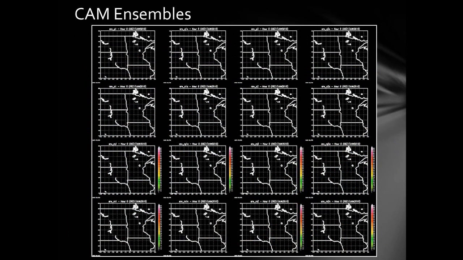But just in terms of ensembles, this is a quick view of how different runs, with just tweaking initial conditions or boundary conditions or some of these parameterizations, can really give you a different signal. And this is just from a research run we did for the June 17th, 2010 outbreak, but I'm not going to dwell on that for too long.